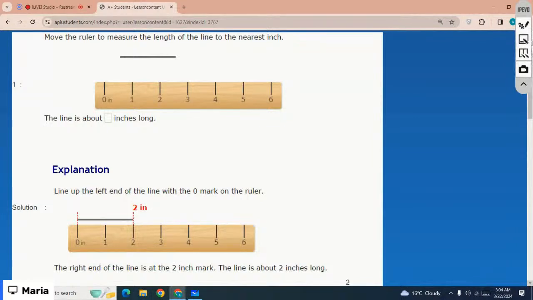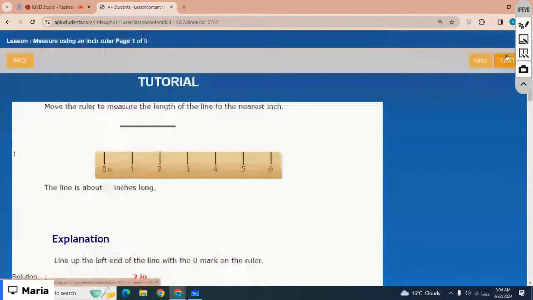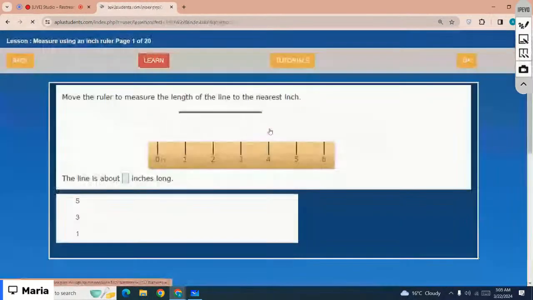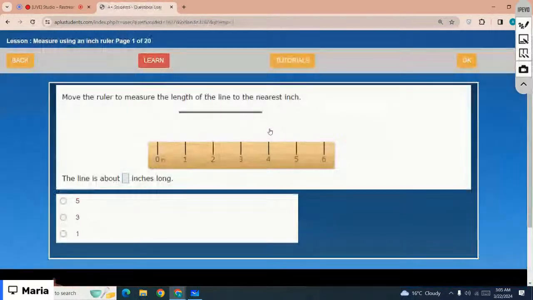So if you have a ruler at home with you, do as many practice questions as you can, right? Make lines and measure the lines. Move the ruler to measure the length of the line to the nearest inch. Which is the correct option?